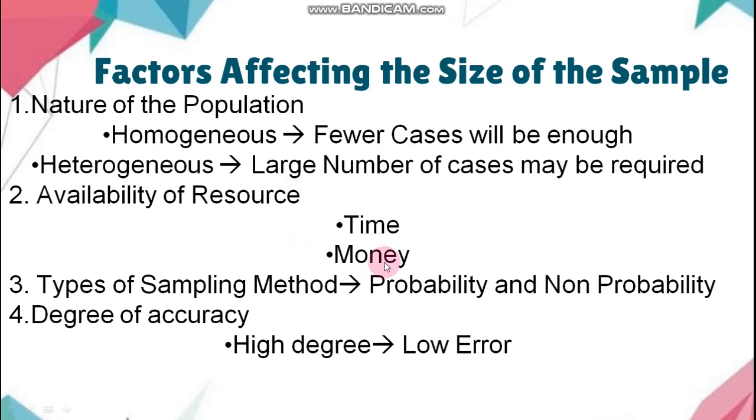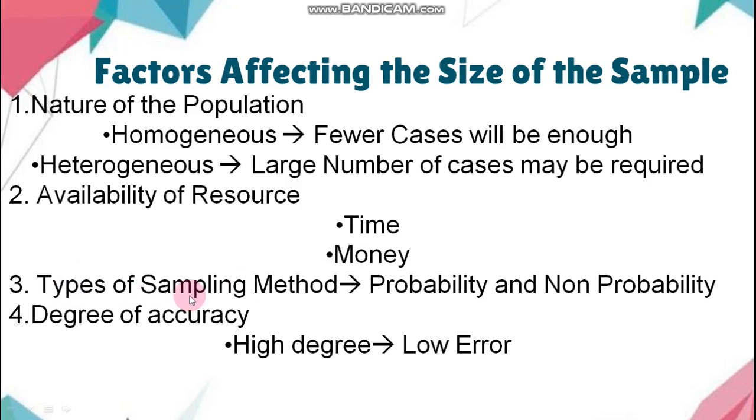Like that, MPhil students, they also spend some months for data collection. If research scholar, they could spend some years for data collection. But the data collection period not more than 1 year.